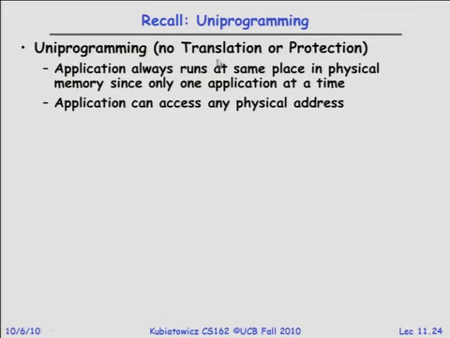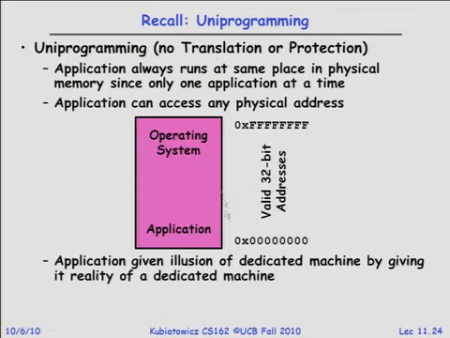All of the 32-bit addresses are in theory valid, although some of them may read or write DRAM that doesn't exist. And the application is given an illusion of a dedicated machine by having a dedicated machine. So this is pre-multiprogramming.